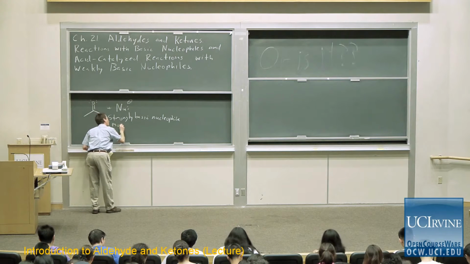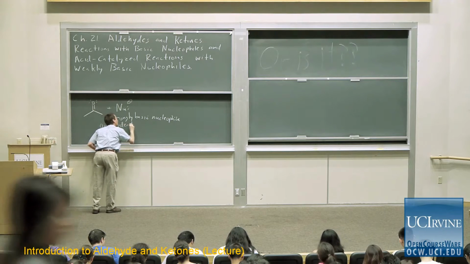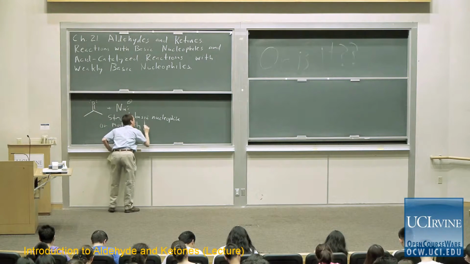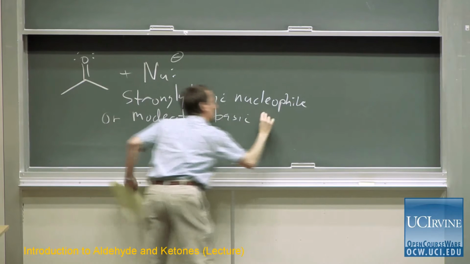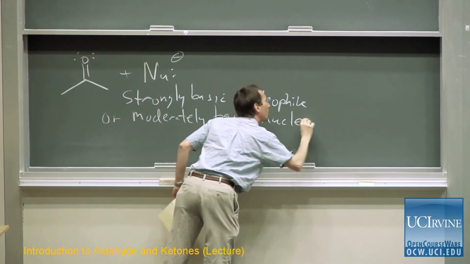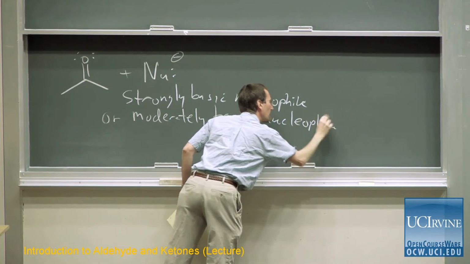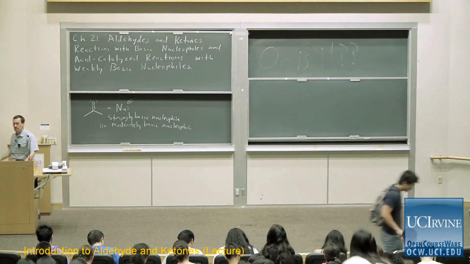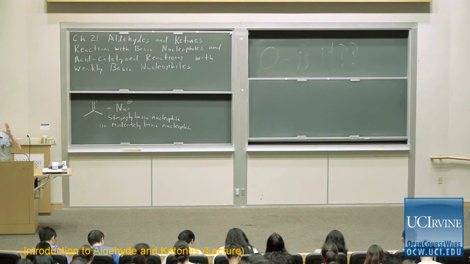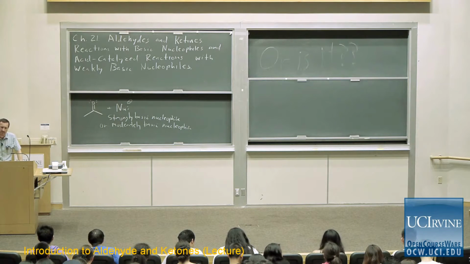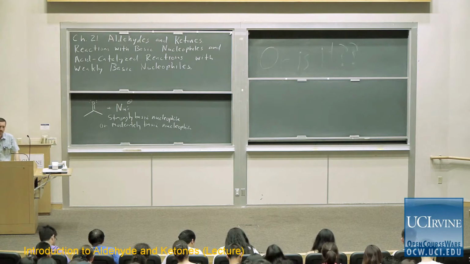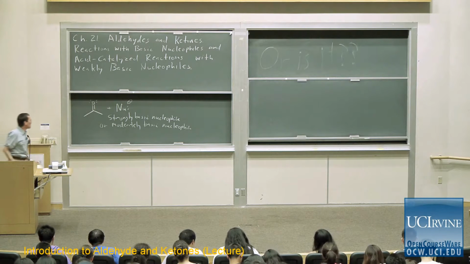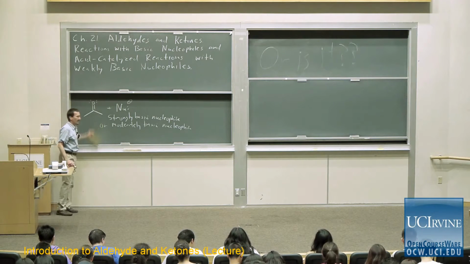And I'll elaborate on this in a moment. In either of these types of conditions, a carbonyl compound, a ketone or aldehyde more specifically, is electrophilic enough at the carbonyl that the nucleophile is going to attack the carbonyl.